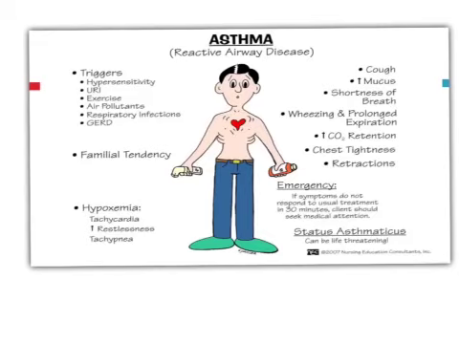If you have a patient that has a history of asthma that just happened to develop some upper respiratory infection, that is a trigger that causes them to have an exacerbation of asthma. Exercise is the same way, and also GERD, a GI disorder that we're going to talk about later on.